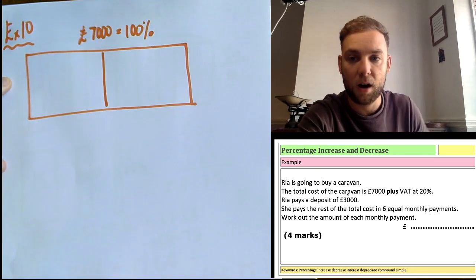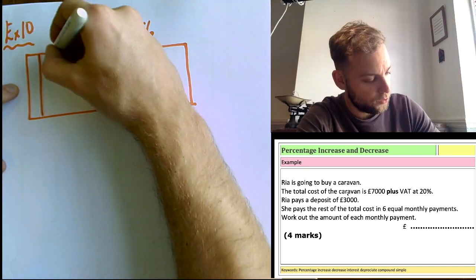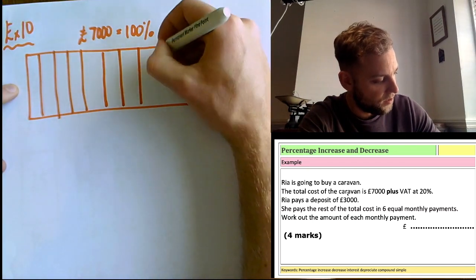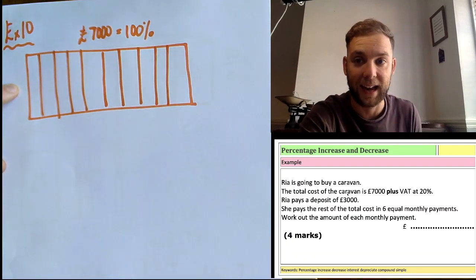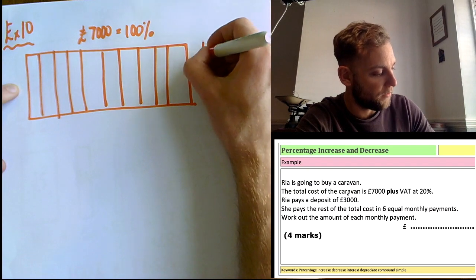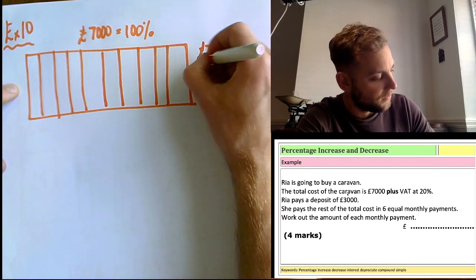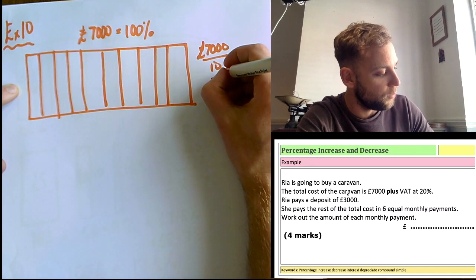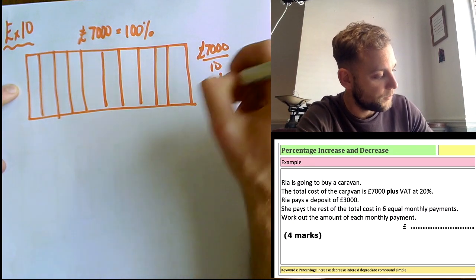I split this into 10 parts. I'll find out what each of these are worth by doing 7,000 divided by the 10 parts, which is equal to £700.